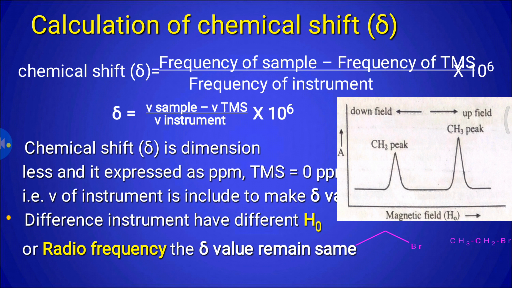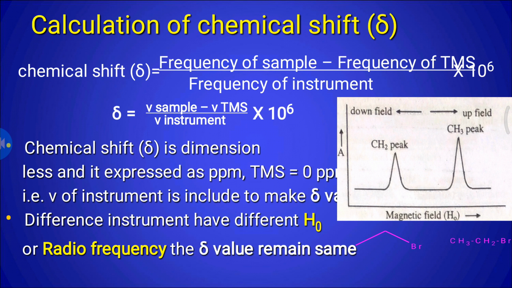We use this formula: delta is equal to the frequency of sample minus the frequency of TMS, divided by the applied instrument frequency, into 10 raised to 6. Here mu is the frequency. This is the equation for calculation of chemical shift.